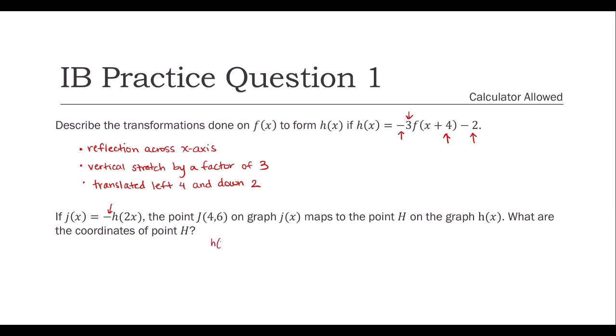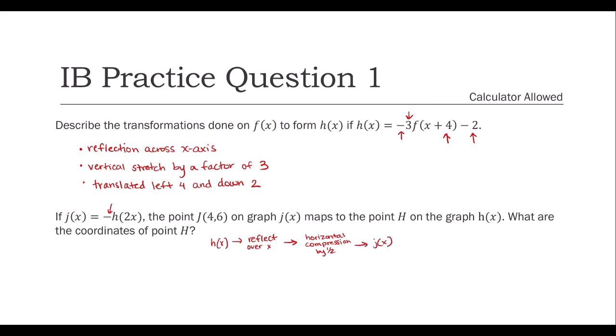So you have h of x, which you reflect over the x-axis. And then you have a horizontal compression by a factor of 1/2. So then that gives you j of x.